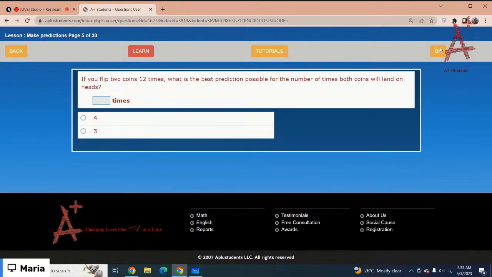If you flip two coins 12 times, what is the best prediction possible for the number of times both coins will land on heads? Like at the same time both coins have heads.